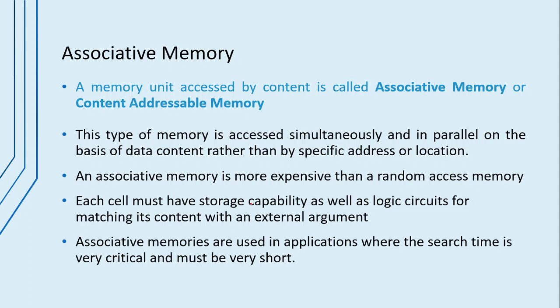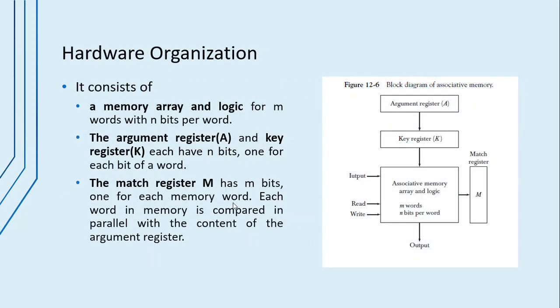So in CAM, that is content addressable memory, the user supplies a data word and the CAM searches its entire memory to see if that word is stored anywhere in it or not. If the data word is found, then the CAM returns a list of one or more storage addresses where that word is found.